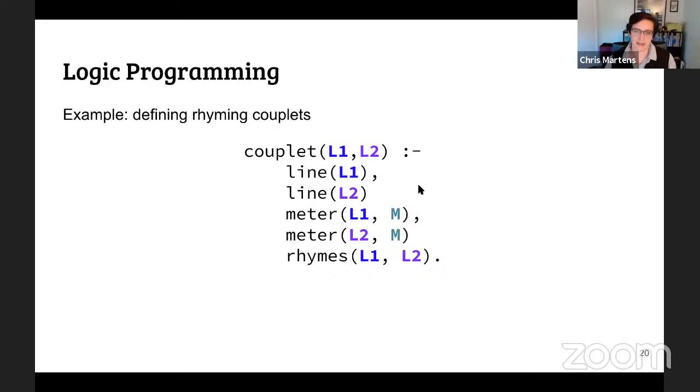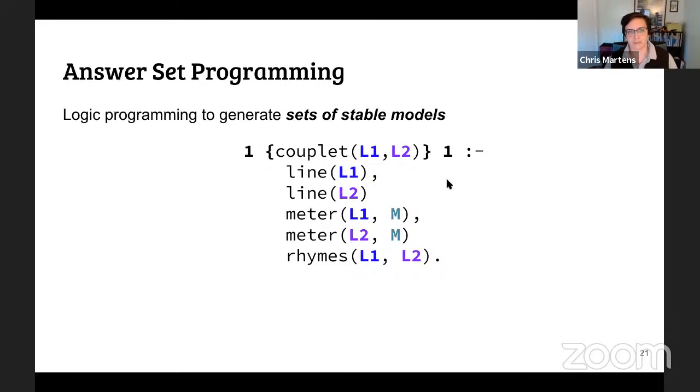Lines L1 and L2 form a couplet if they're both valid lines, if they both have the same meter, and if L1 rhymes with L2. Answer set programming is a particular form of logic programming that you can use in a sort of non-deterministic way, because it gives you sets of what are called stable models. If anyone's interested, I do have a primer on how ASP works at the end of this, but didn't have time to fit it into this talk.